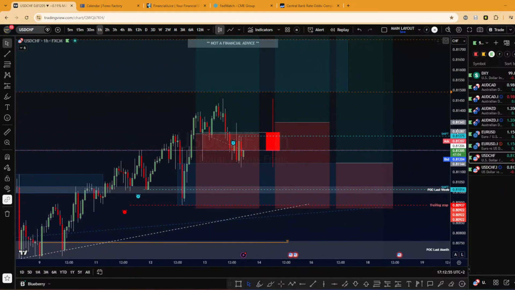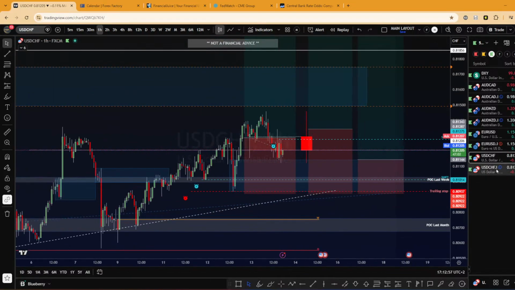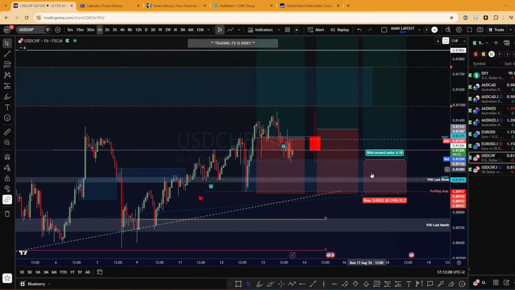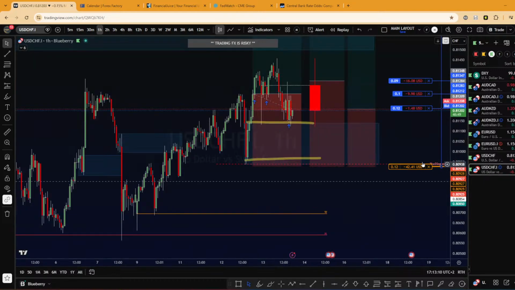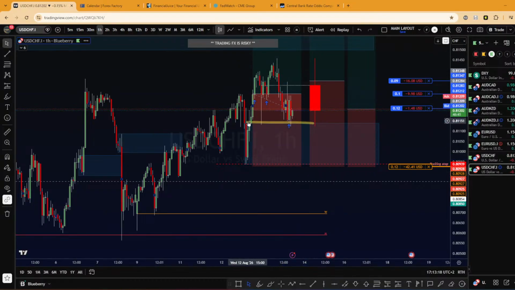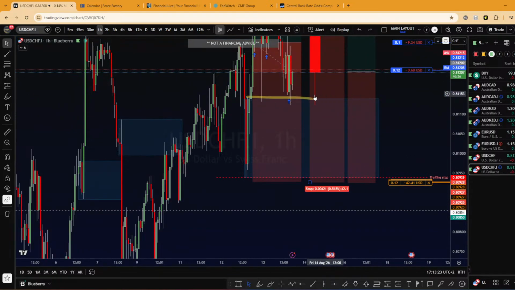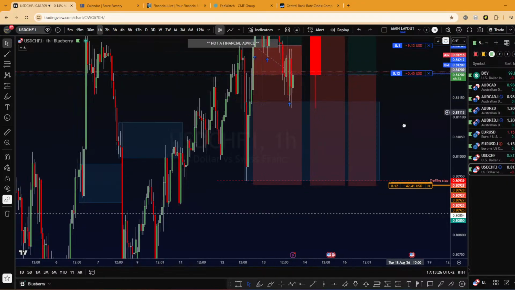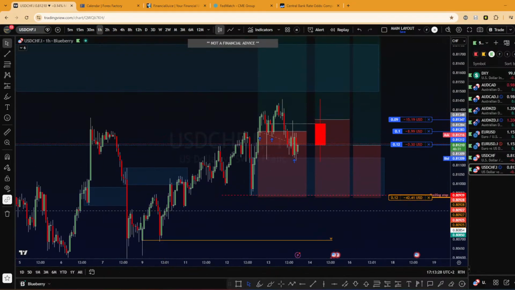So USD CHF, I think I will let it run because CHF is weak. It's a weak currency right now. Fundamentally it is weak, so any strength coming from the US dollar could drive this price higher. That's why I think I will, let me see.